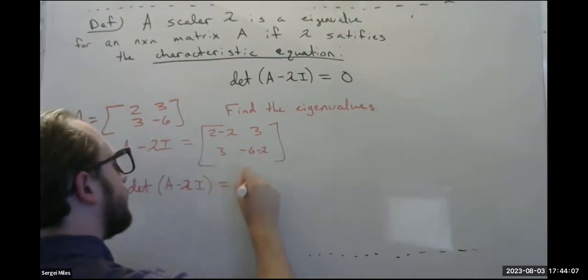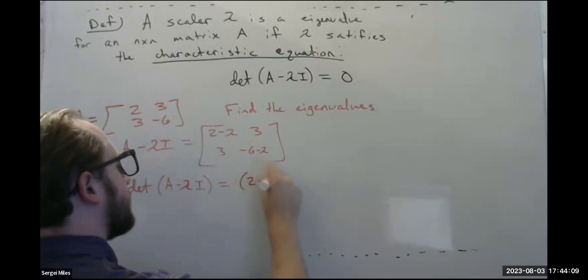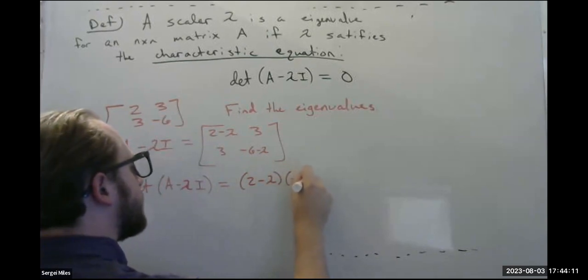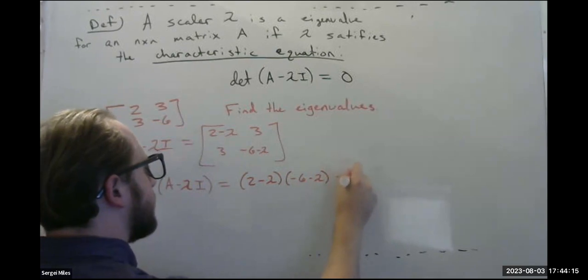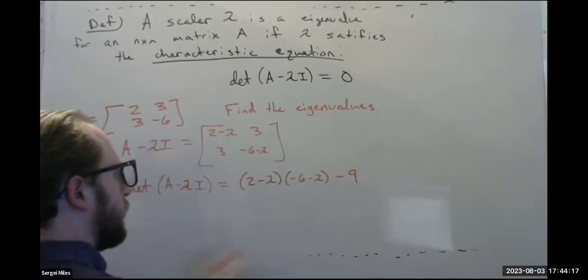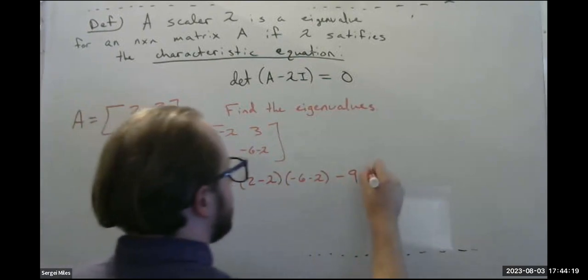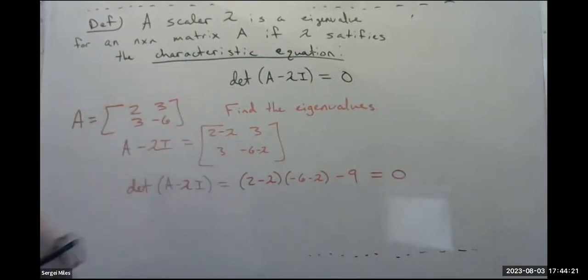Multiply the diagonal: 2 minus lambda times -6 minus lambda, minus 9. Okay, well, in its current state, this doesn't really help me much. I want to know where this equals 0. How do I solve for lambda? Well, first, it might help if we distribute this out and see what happens when we multiply it out.